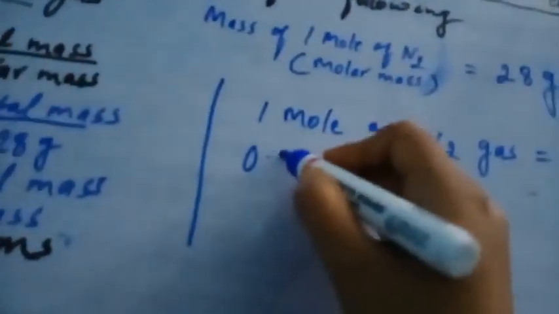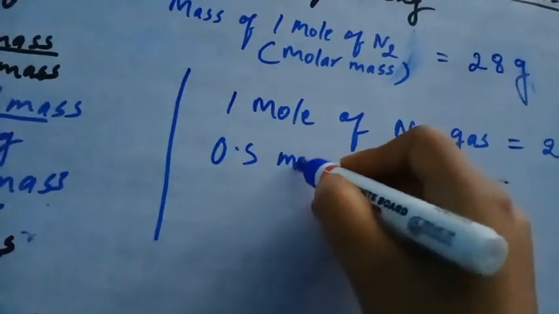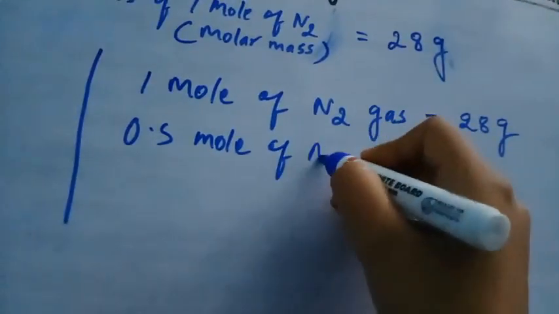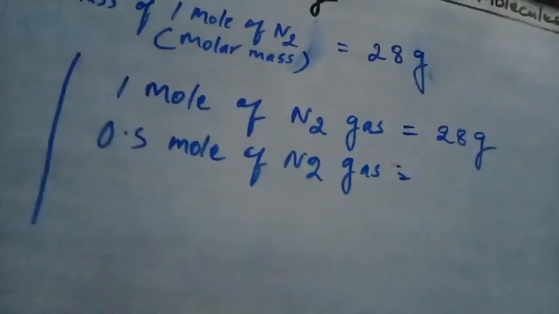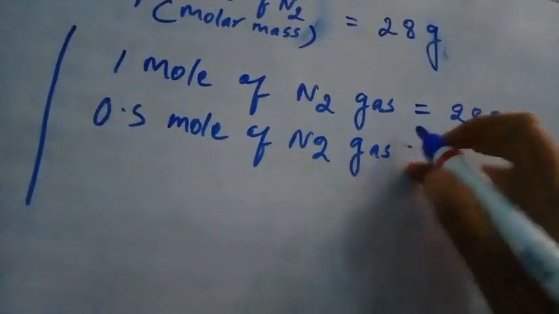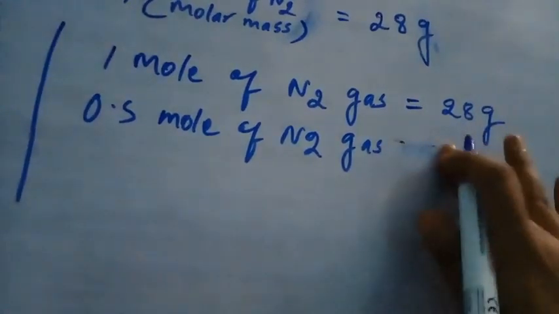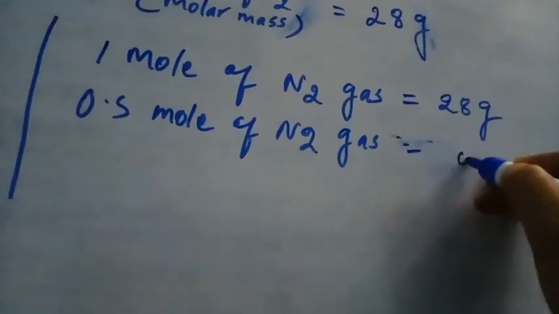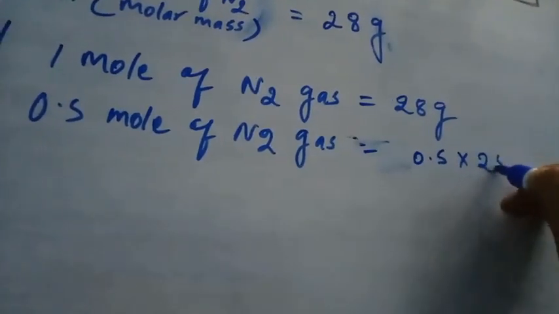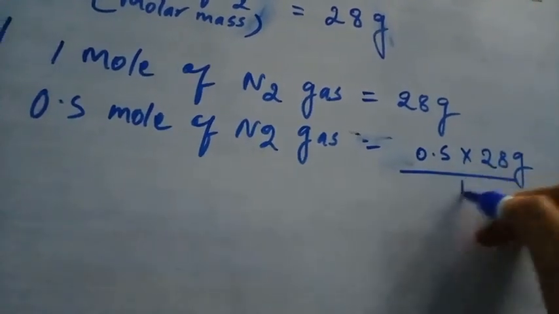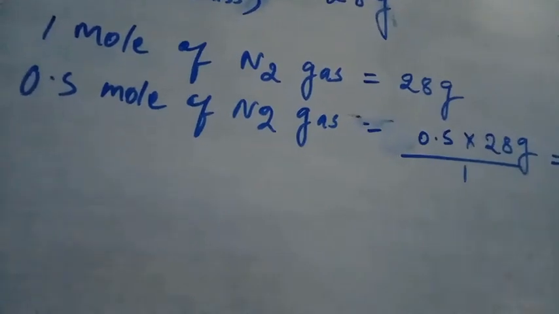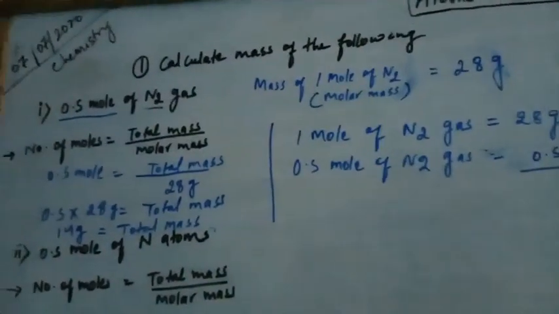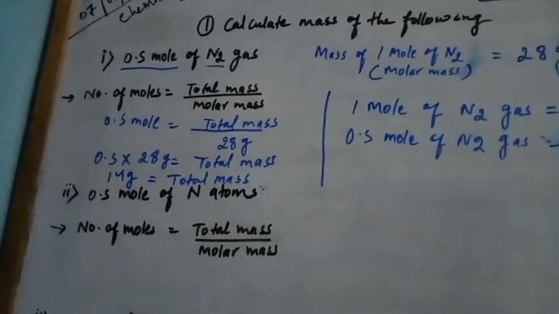So here directly we can write 0.5 mole of N2 gas will contain how much? It will contain 0.5 into 28 grams divided by 1. We will get 14 grams. Okay, so these two methods we can employ here for solving this question.